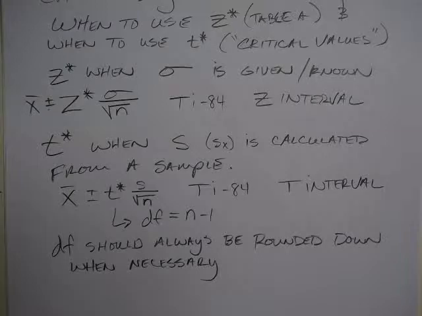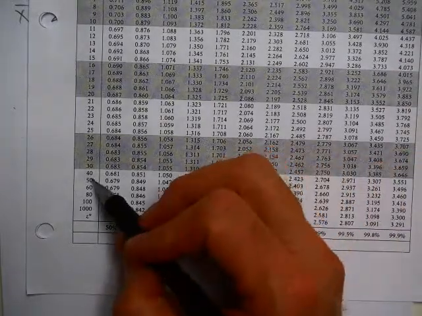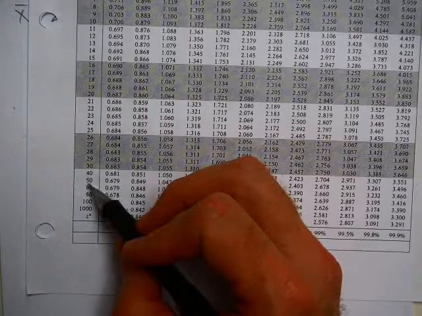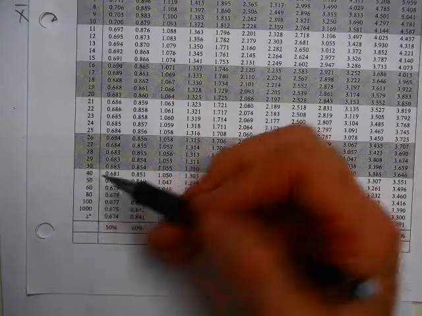An example of when that is necessary would be a situation where, let's say our n value is 49, and we look at our table and we go, wait a minute, there is no 49. Degrees of freedom would be 48. But I'm closer to 50. Should I round up? No, you always round down. So you'd take that to 40.